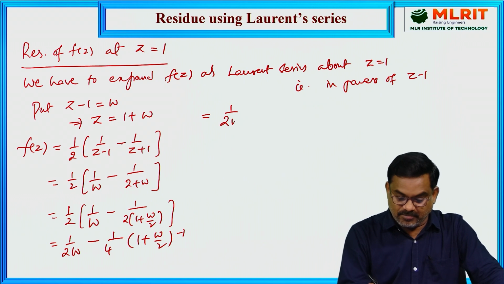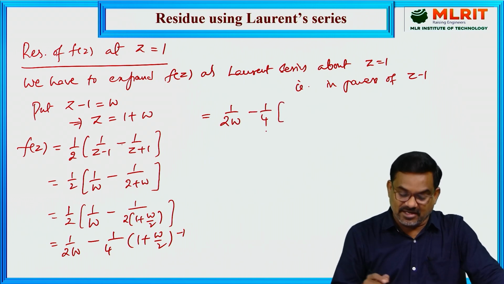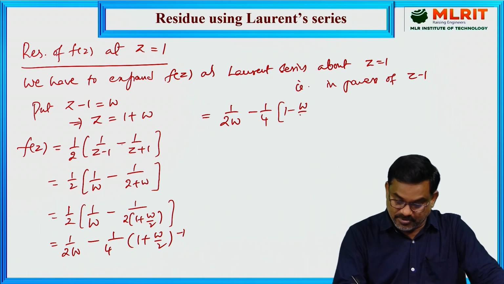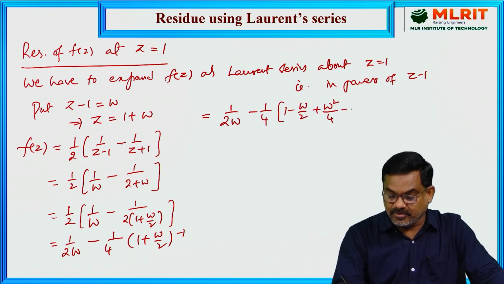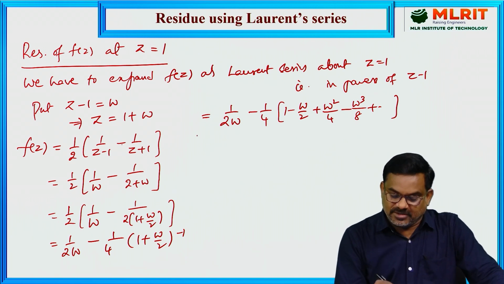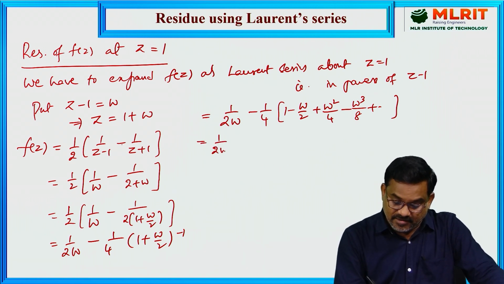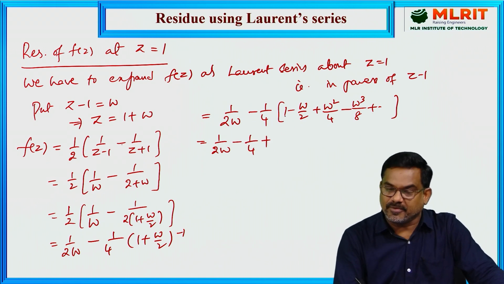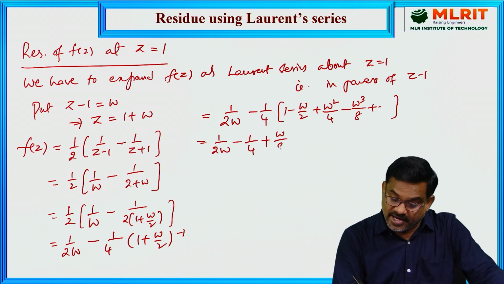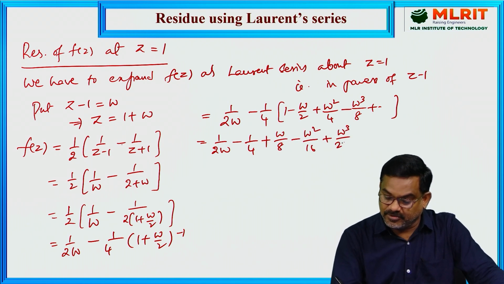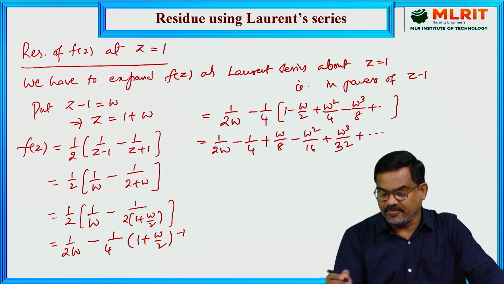That is equal to 1 by 2w minus 1 by 4 into, expanding using standard expansions, 1 minus w by 2 plus w square by 4 minus w cube by 8 plus and so on. Simplifying by multiplying with 1 by 4, we get 1 by 2w minus 1 by 4 plus w by 8 minus w square by 16 plus w cube by 32 and so on.